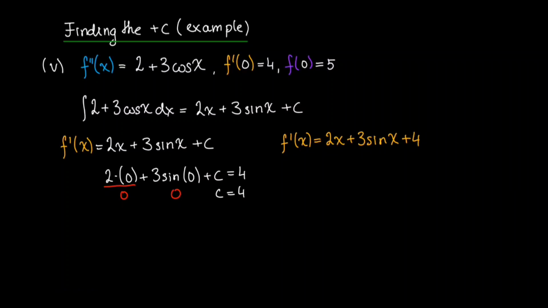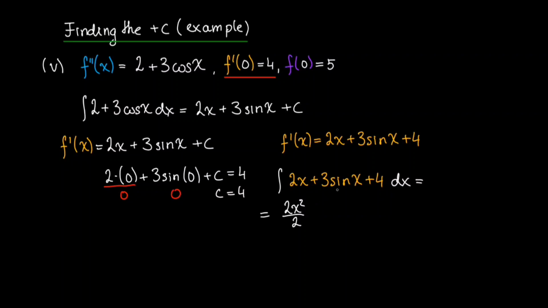However, this is not all, because we're supposed to find the original f. It means we have to do another integral, this time of the first derivative function. Here, we can continue applying the power rule. For the first term, we get 2x squared over 2.